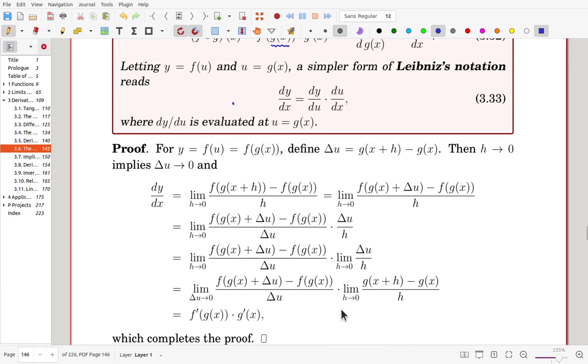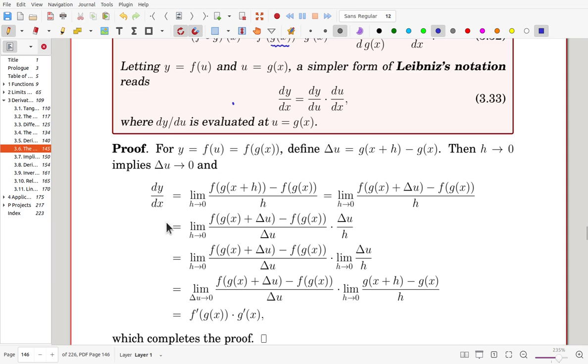Now for the proof, we'll consider y equal f of u, which is the same as f of g of x. We define delta u as the difference, and here we can easily see that g is also differentiable, so that once h approaches 0, then delta u is also approaching 0.